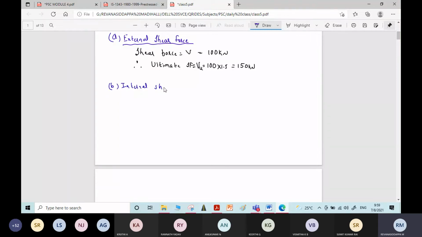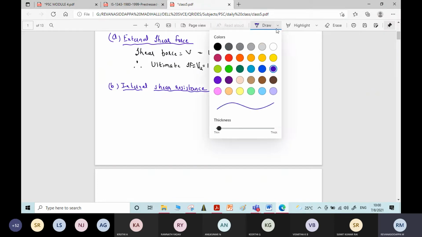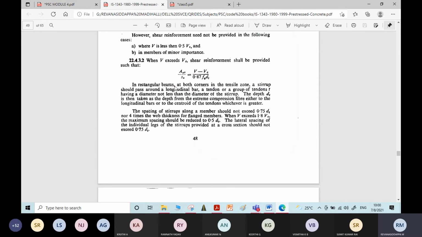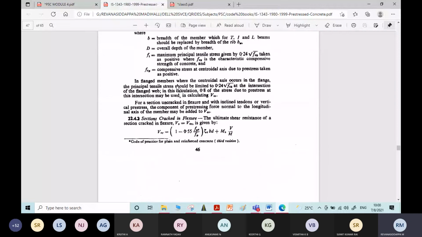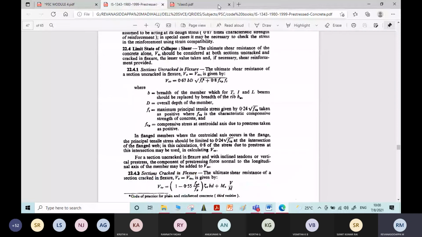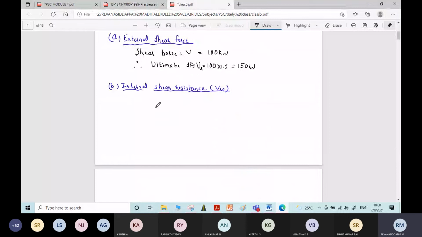Internal shear resistance, VC naught. I'll go to the code book, page number 46: 0.67 B into capital D root of FT square plus 0.8 FCP into FT.